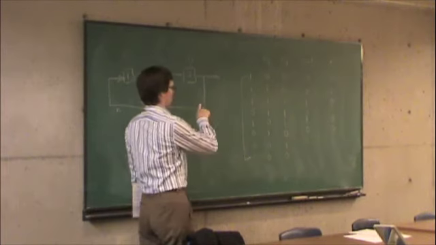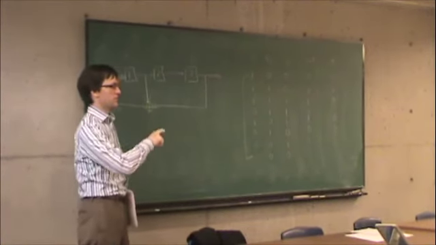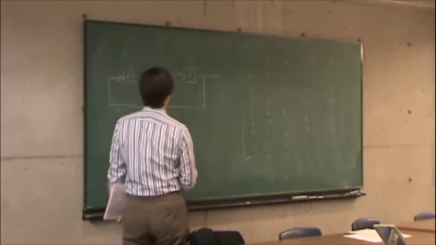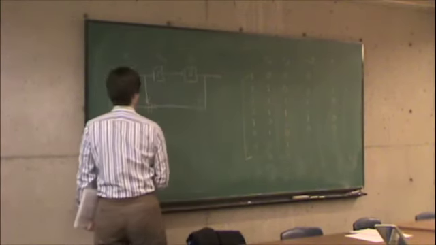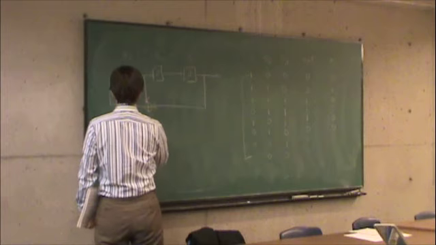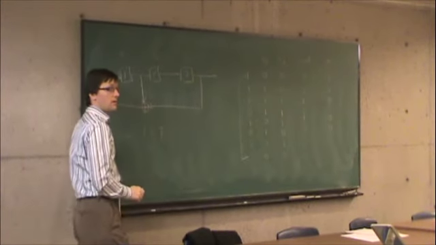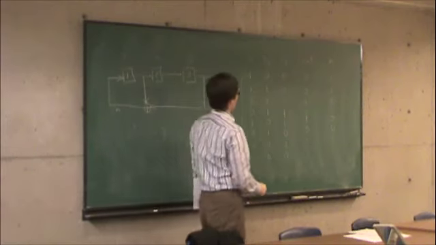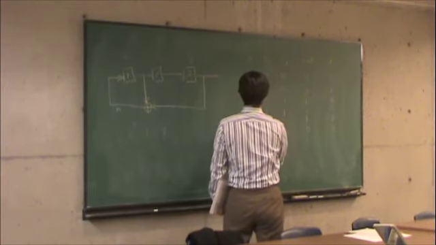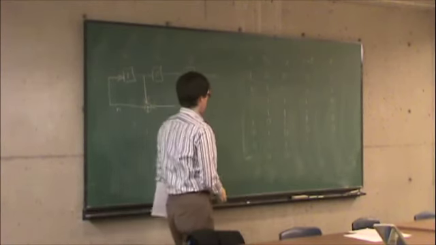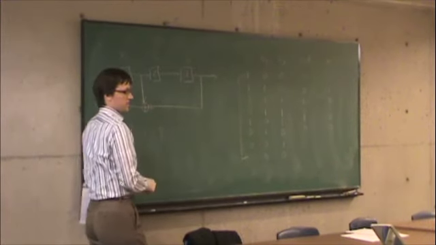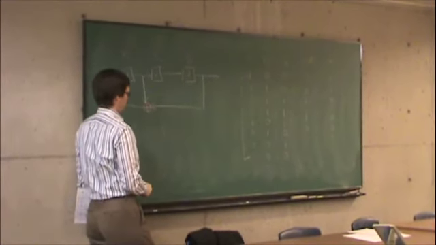But I already showed you that 0 was ruled out. So therefore the maximum number of states that I can have is 2 to the 3 minus 1, which is 7. And in fact, this hits all of those 7 states. So this is the longest sequence, the longest period that I can have.